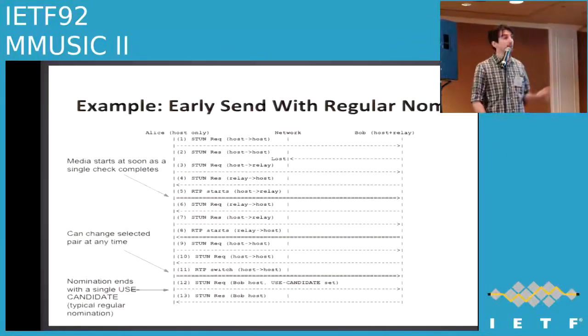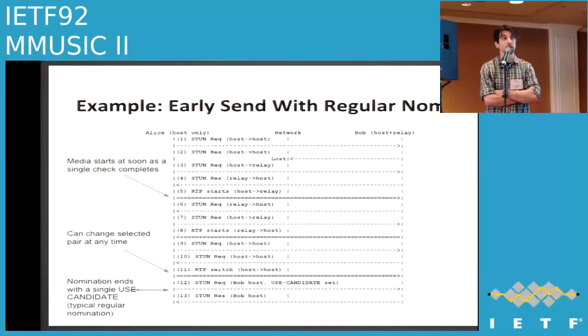The use-candidate just indicates, hey, ICE has now concluded, and the other side should snap to whatever pair the controlling side is now using. So I think there's ample indication in 5245 that this can be done, that you can start sending media immediately, and basically get all the benefits of aggressive nomination with the control on the controlling side to say which pair is actually going to be used.